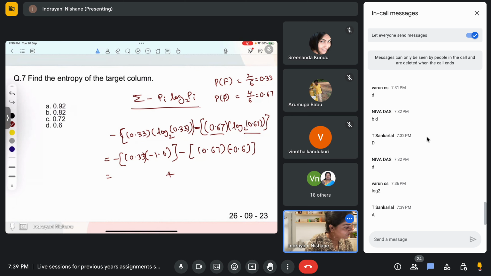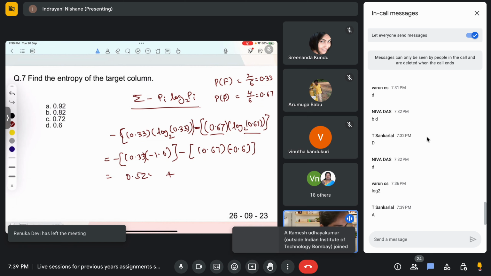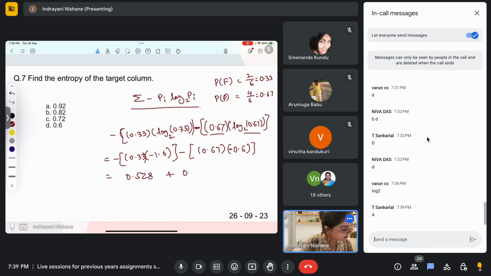So 0.33 multiplied by 1.6 is 0.528, and 0.67 multiplied by 0.6 is 0.402. Now we just have to add these two values, which is roughly 0.93 is what I'm getting.